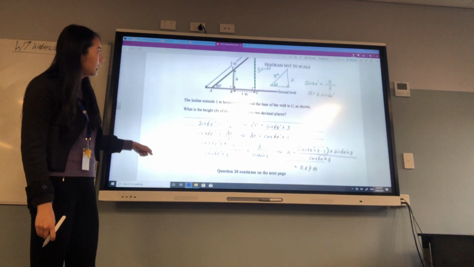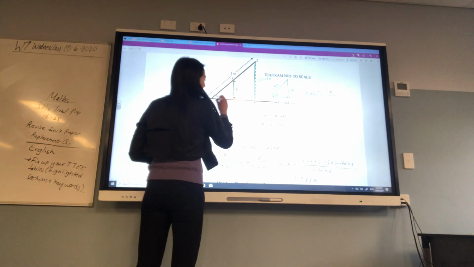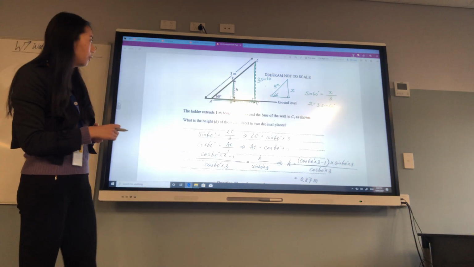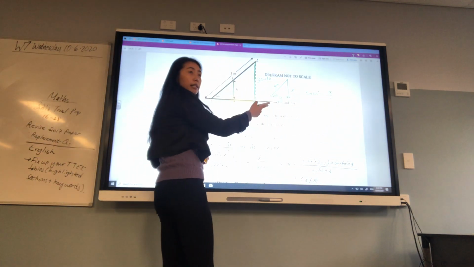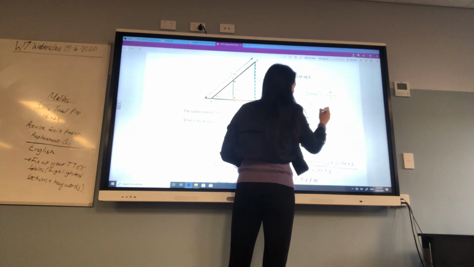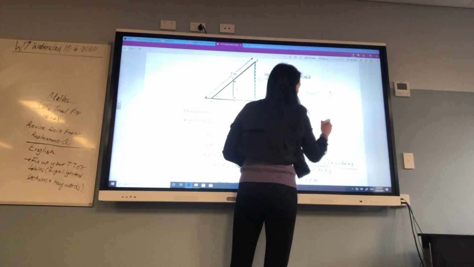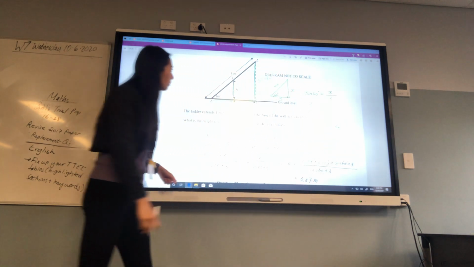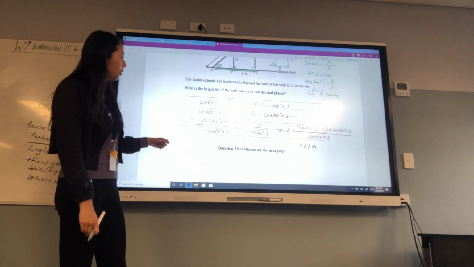The next thing I did was find out how much this side is, let's call it y. Y is the adjacent for this angle, right? So you can do cos 60 degrees equals y over 3. So y is equal to 3 cos 60 degrees. And then from this, you'll get a ratio.